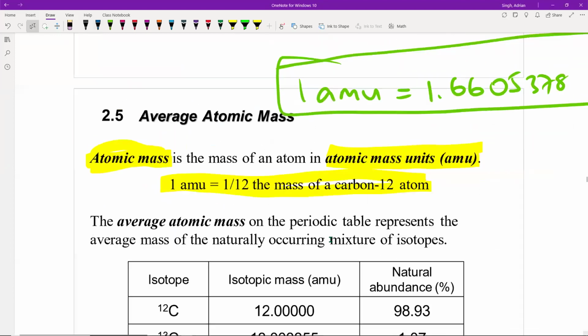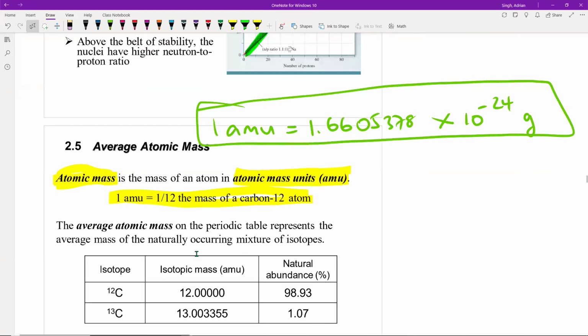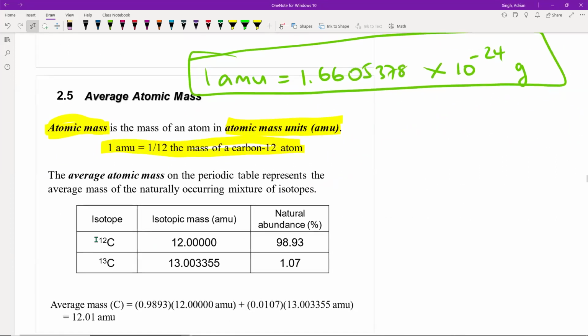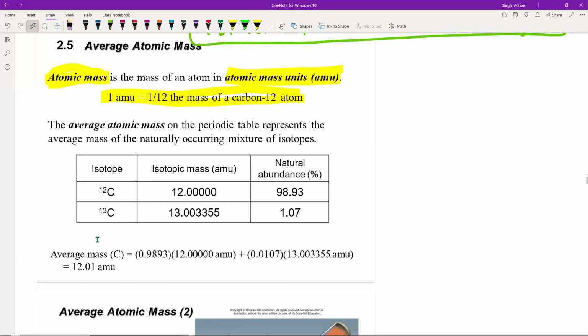For example, if we take a look at another element, carbon, we see that carbon occurs naturally as a mixture of these two isotopes. We have carbon 12, which has a mass of 12.000 AMU, and this occurs 98.93% of the time.